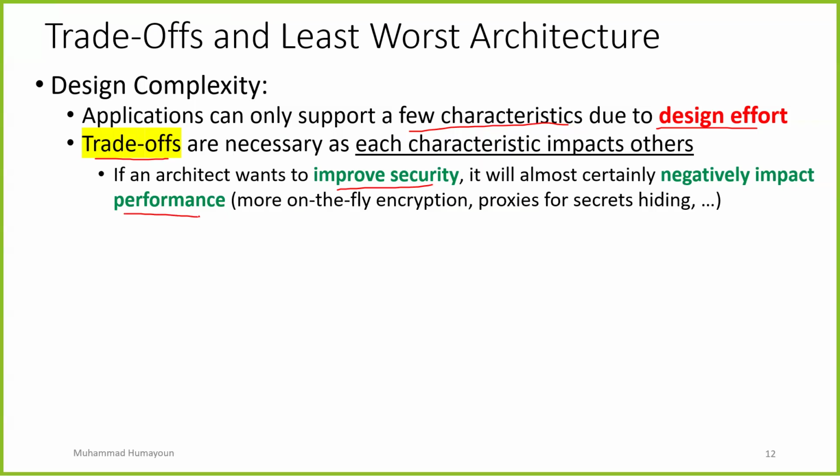Because when you improve security, you try to add more on-the-fly encryption, you try to add proxies for secret hiding, you try to have more and more algorithms that would make your data secure. But since you are relying on more and more computing before data goes from place A to place B, you are impacting the performance of your system. So that is the trade-off.